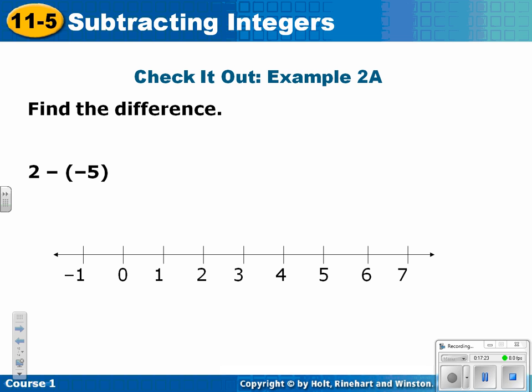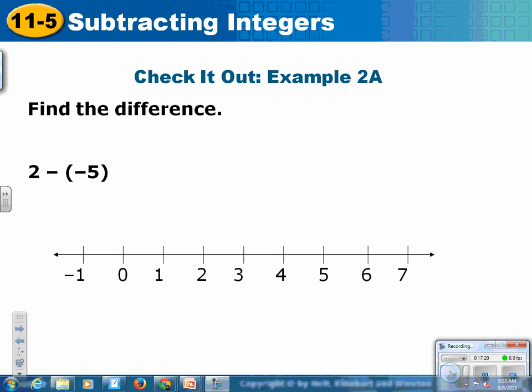The next problem. Try it again. You put your finger on 2. You have minus a minus, so you have to go to the right, and you go to the right 5. 1, 2, 3, 4, 5 equals 7. All right.